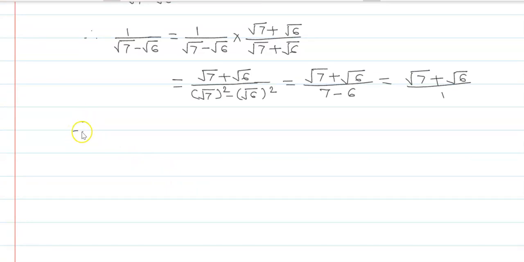Therefore, write the answer: 1 upon root 7 minus root 6 equals root 7 plus root 6. Okay.